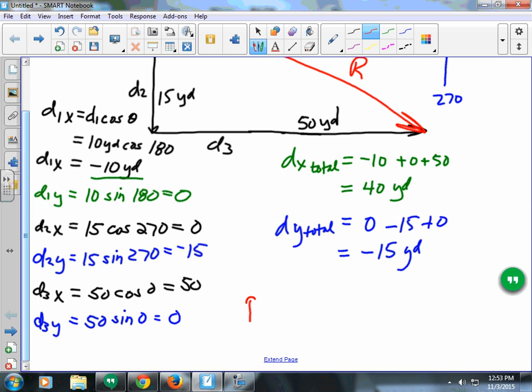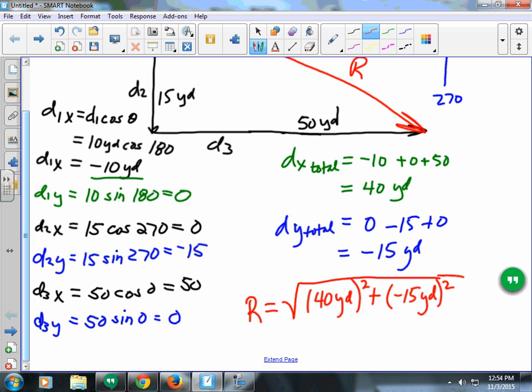Okay, so it only wants magnitude. What does that mean we do not have to do? Tangent. Okay, so this is going to be your x total squared plus your y total squared. Oh, it just wants magnitude. Did you try to get the angle? I already got the angle. We can review it.